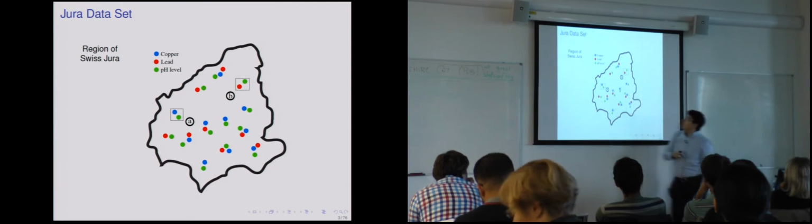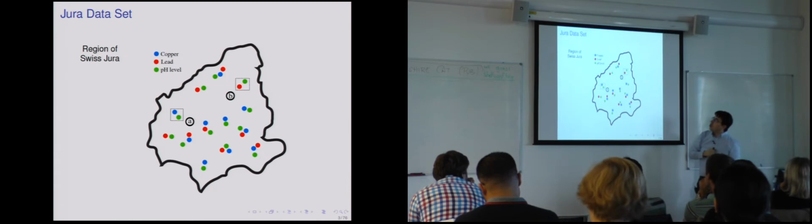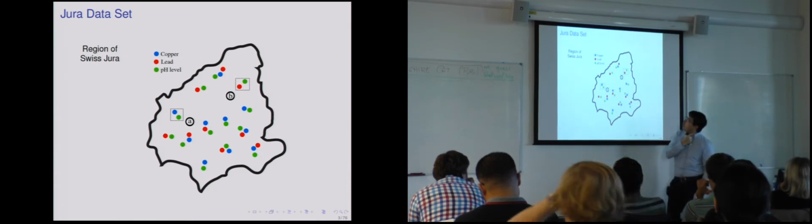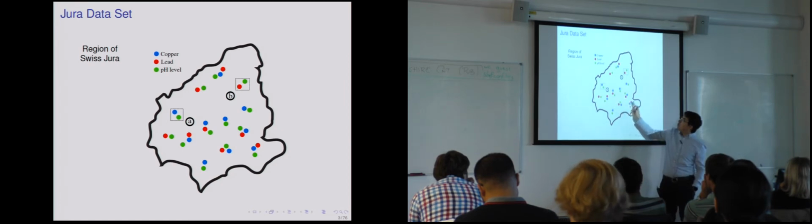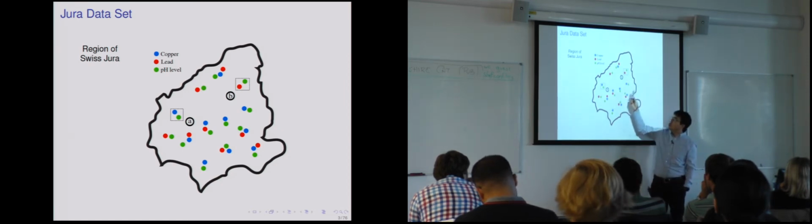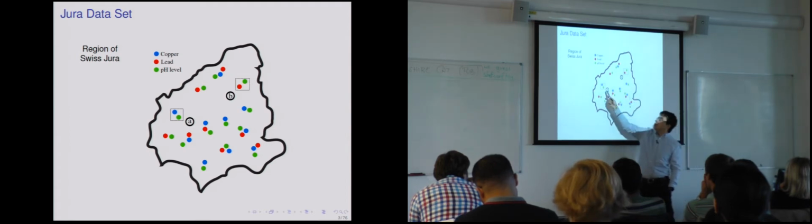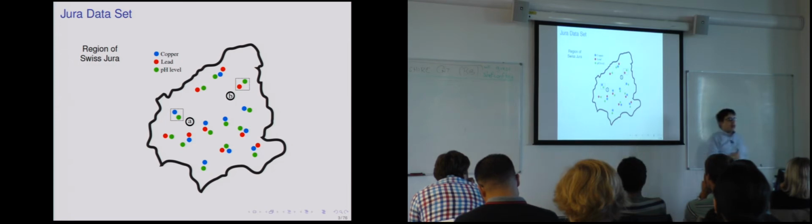Something similar happens at point B, where we don't have access to the measurement of copper. So is there a way in which we can learn a model for those input locations for which we have access to the values of those three variables, and use that model to predict the concentration for those more expensive variables for which we don't have access?